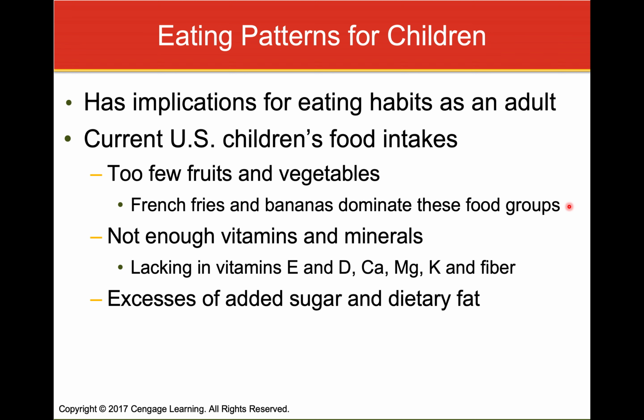French fries are the number one vegetable. Bananas are the number one fruit. Generally, not enough vitamins and minerals, lacking in things like vitamin E and vitamin D, calcium, magnesium, potassium, and fiber. Most of these, right, found in plant-based foods. And then, in addition to this, there's an excess of added sugar and dietary fat.